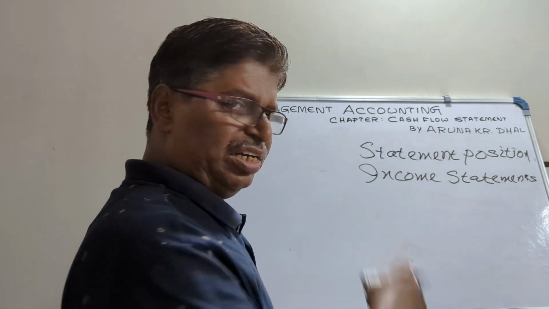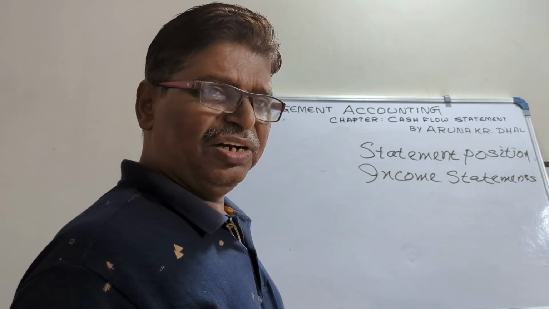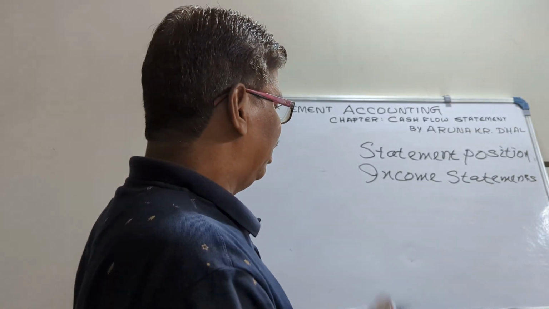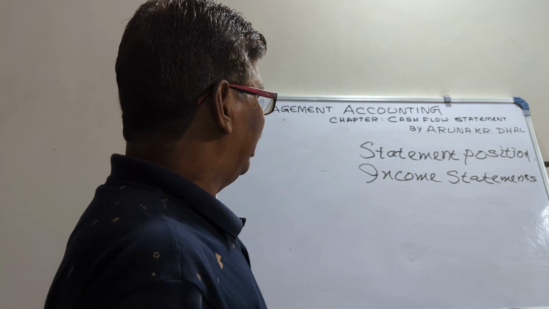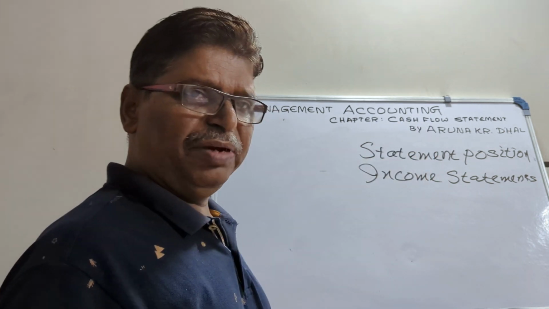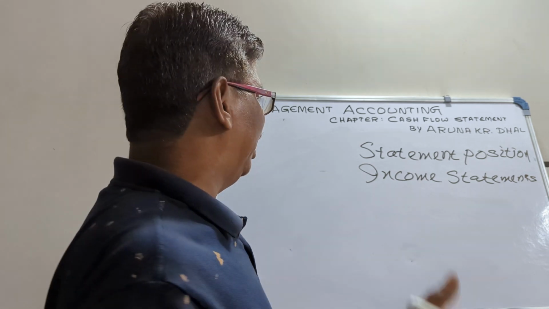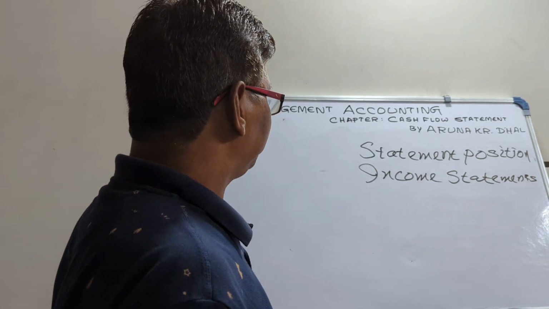Then closing stock. Then cash and cash equivalents. Under cash and cash equivalents, write cash in hand, cash at bank, and short-term investments. Then in the income statement, we ascertain the statement of profit and loss, and we arrive at the net profit.